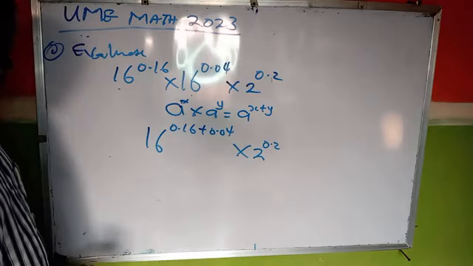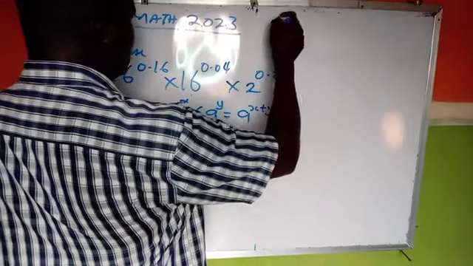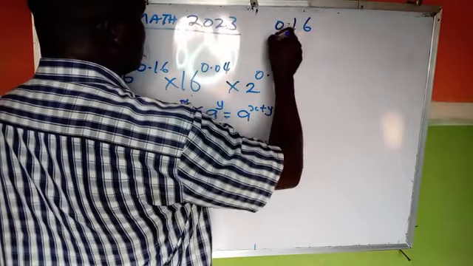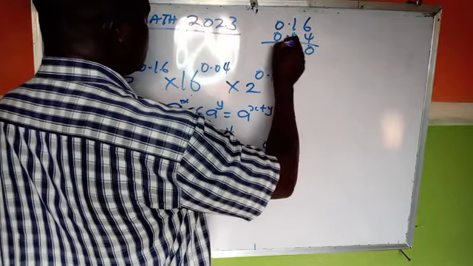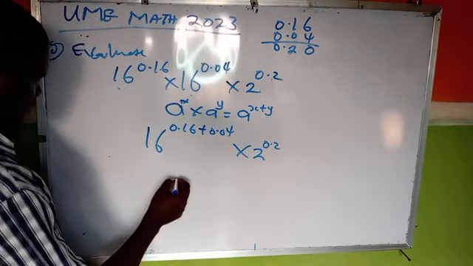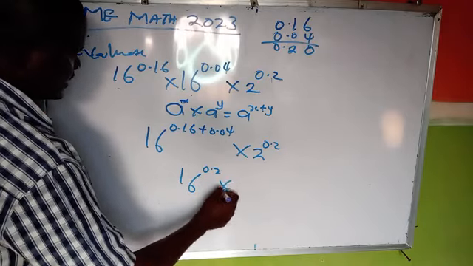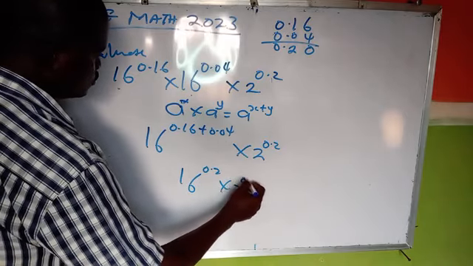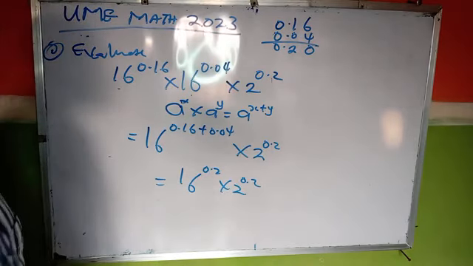Again, you simply add this together. If you add 0.1 and 0.04 together, you have 0.2 in total. So this will give you 16 raised to power 0.2 times 2 raised to power 2. So this is what we have.